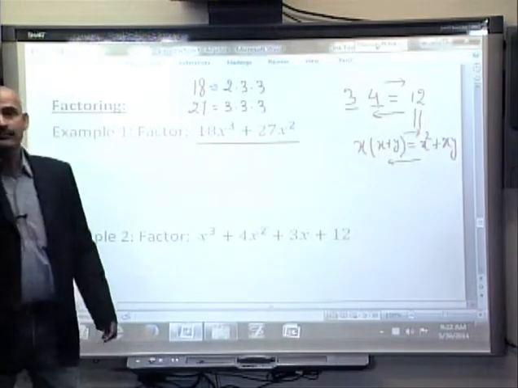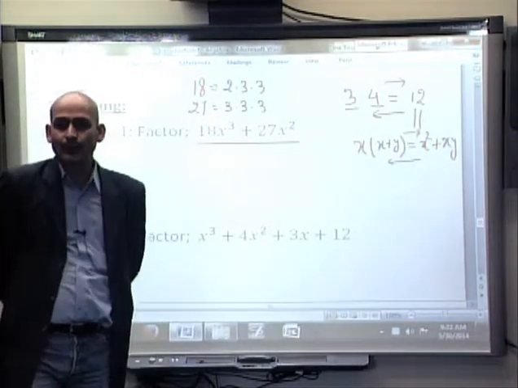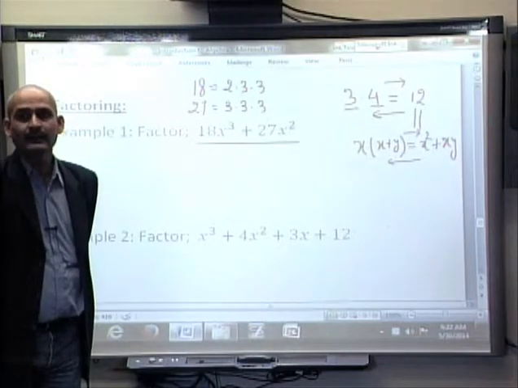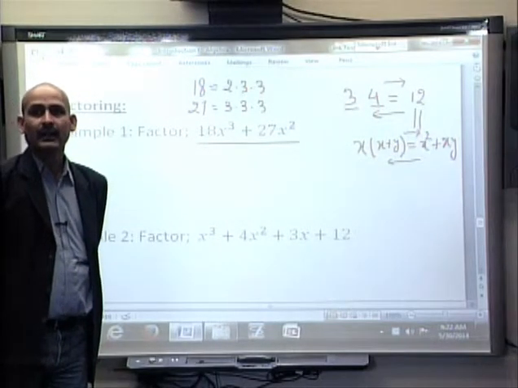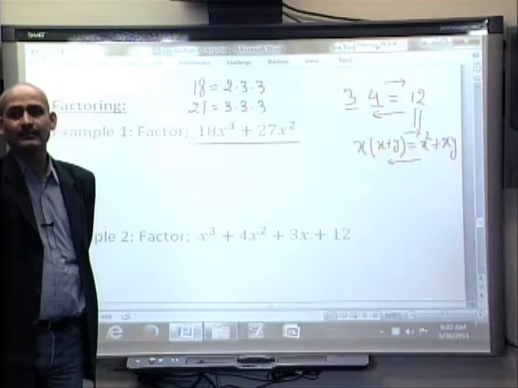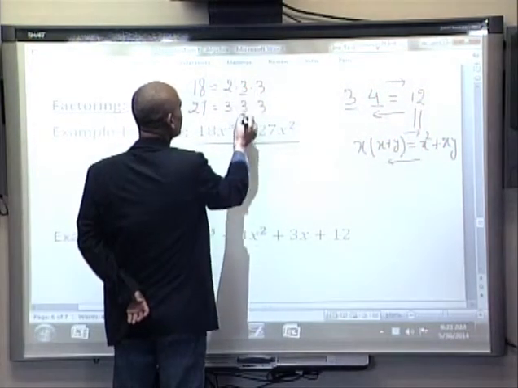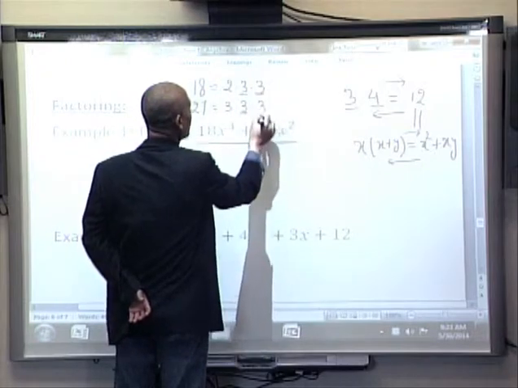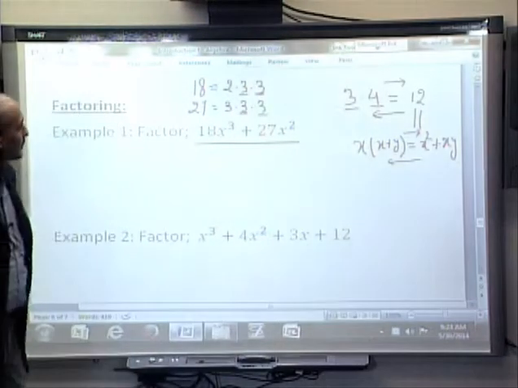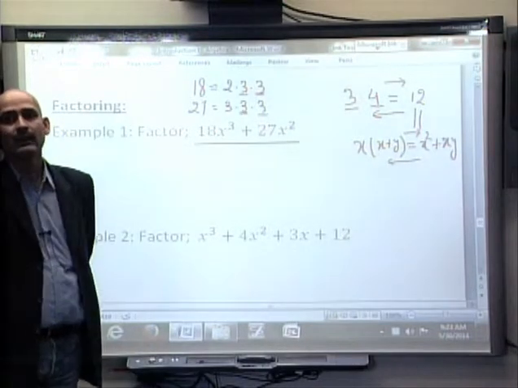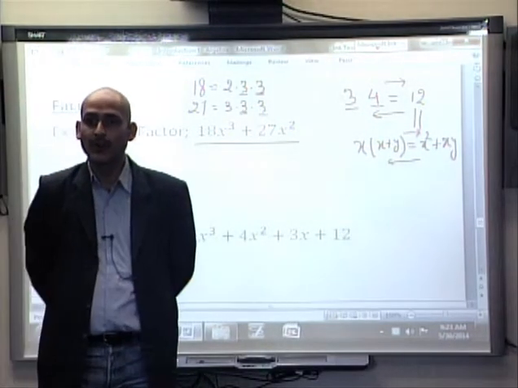I am doing prime factorization of the two numbers associated with this algebraic expression. 18 is 2 times 3 times 3 and 27 is 3 times 3 times 3. We can notice this 3 and this 3, another 3 and another 3. The two 3's are common factors of 18 and 27.